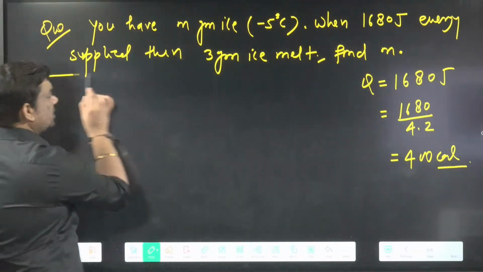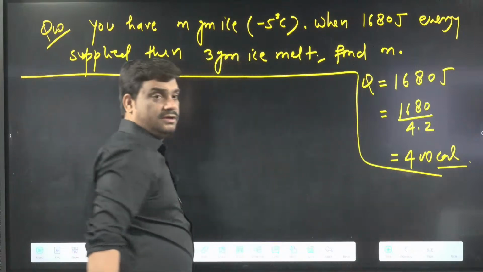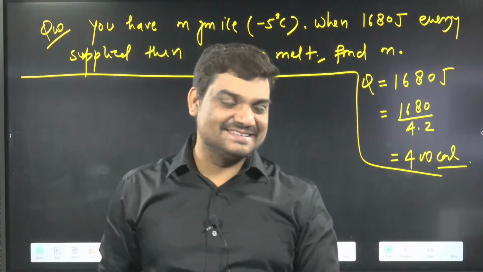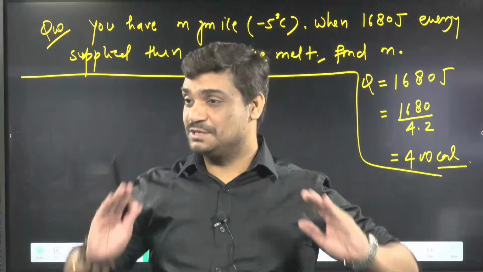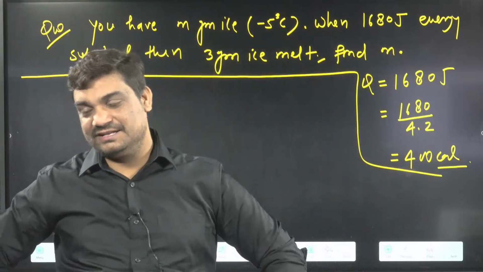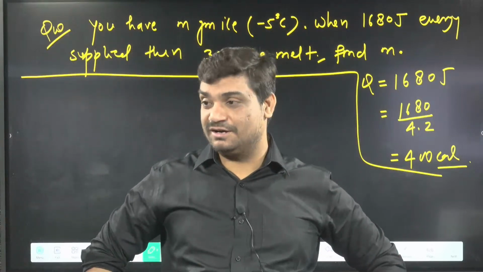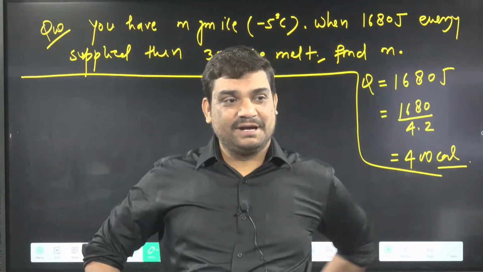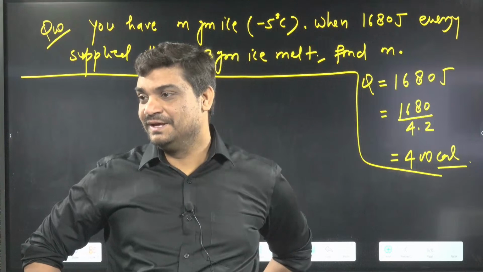Will you try this question? Let's see how many people get the correct answer. The concept I already said: melting will start only at 0 degrees Celsius. Before that, melting will not start. Make it fast.